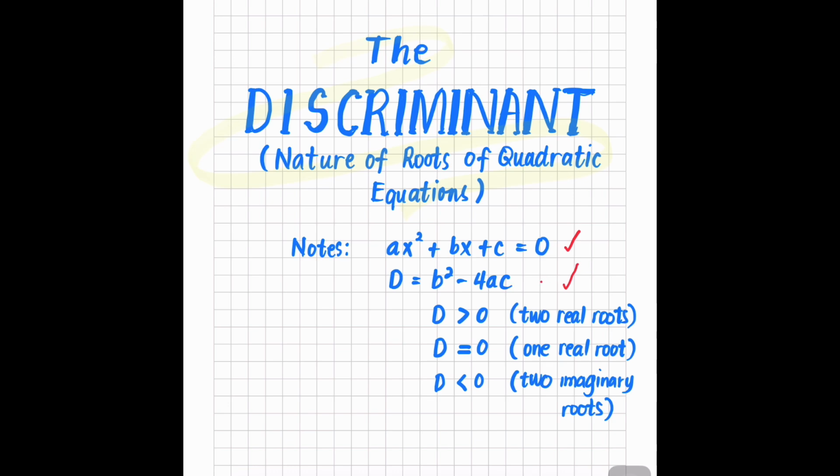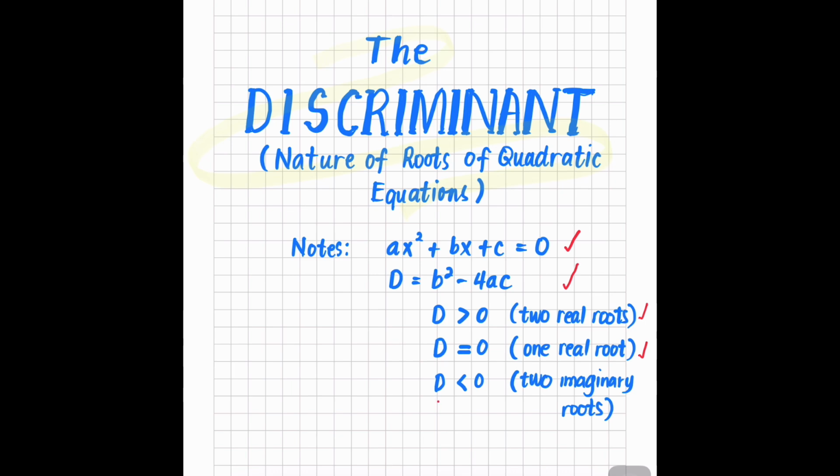After calculating the discriminant, we then need to describe the nature of roots. So if your discriminant is greater than 0, we are going to expect two real roots or two real solutions. If the discriminant is equal to 0, we are going to be expecting one real root or one real solution.